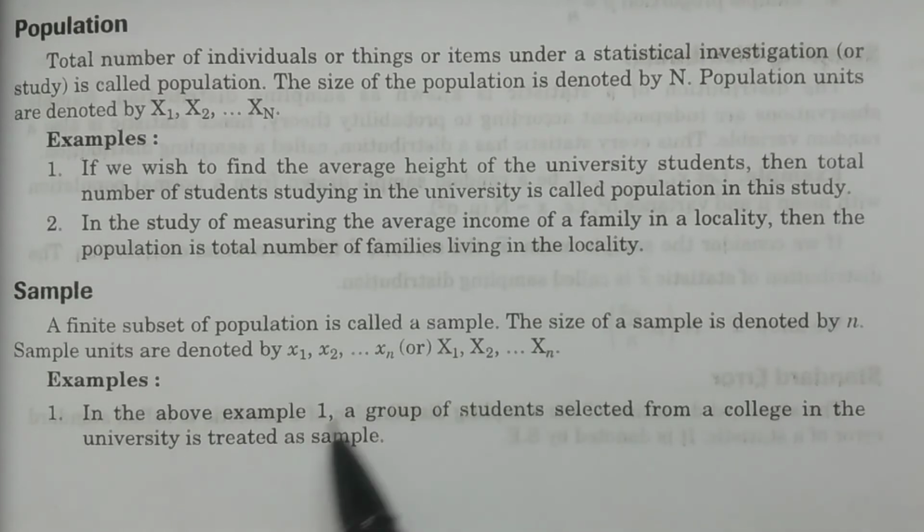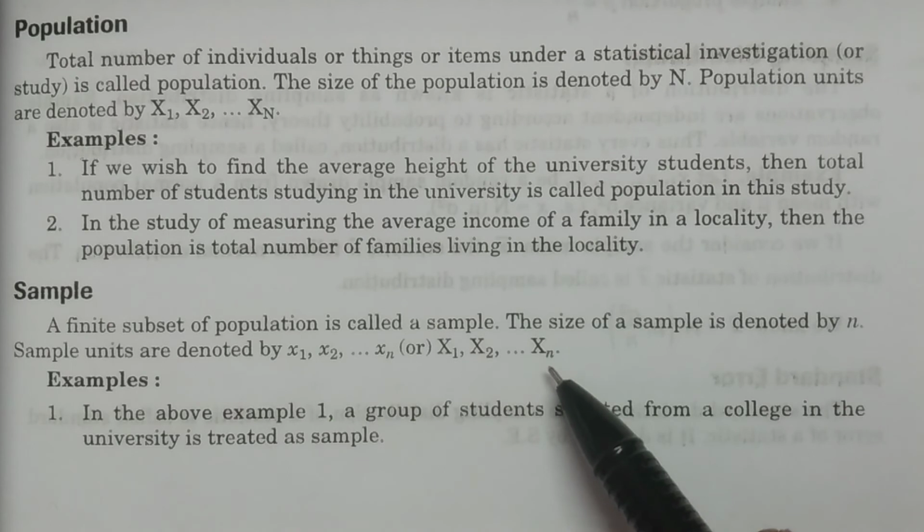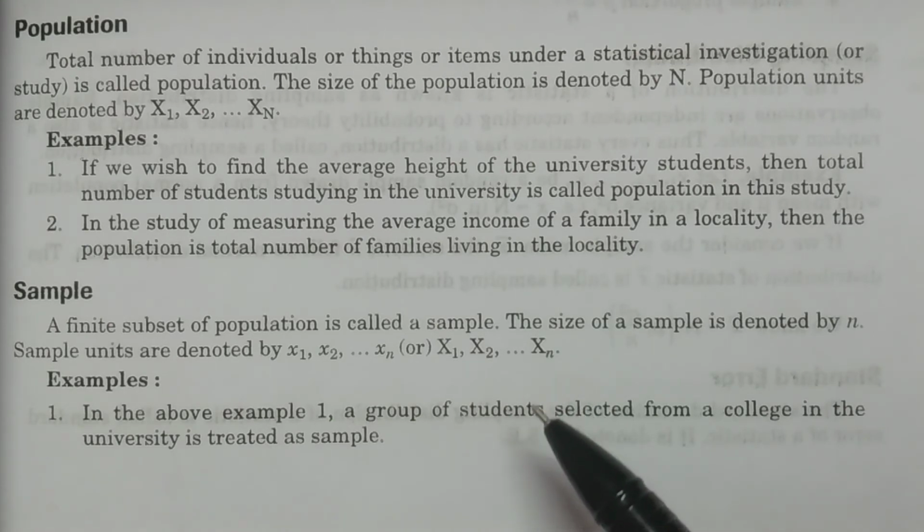Why are we naming them 1, 2, 3? Why not the selected units 111, 121 or 252, etc.? Because in the sample, how many units are there? 100. To represent 100, we are giving numbers 1, 2 and so on to 100. That is small n. That is the only reason.